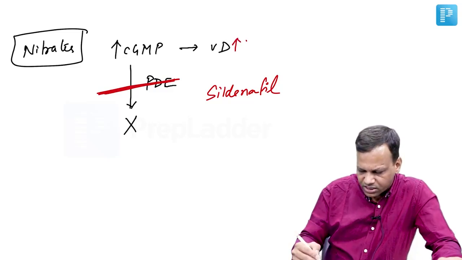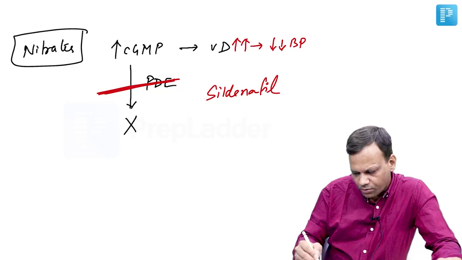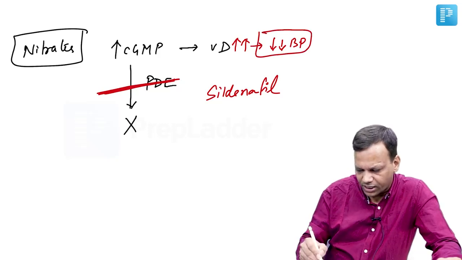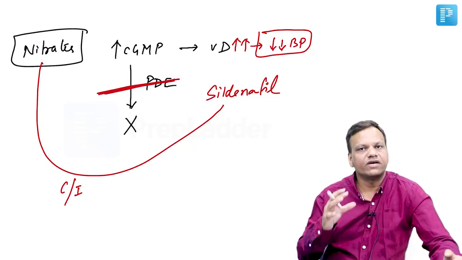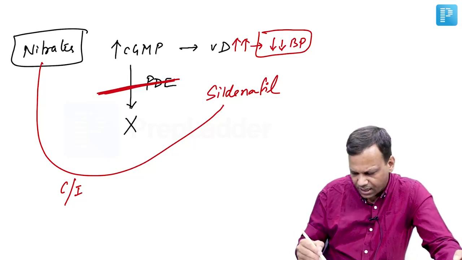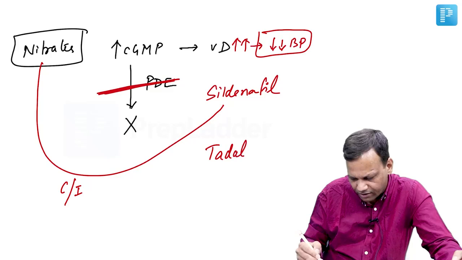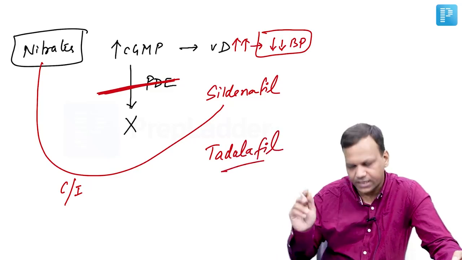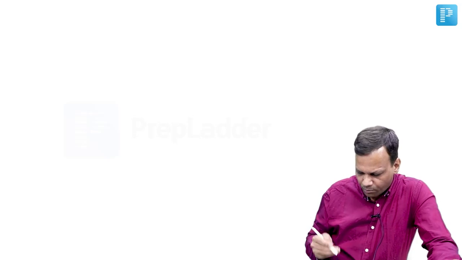So there will be extreme vasodilation that can lead to severe hypotension. So because of this risk, nitrates should never be given with sildenafil or any phosphodiesterase inhibitor. The question asked is which is the longest acting phosphodiesterase inhibitor? It is tadalafil. Okay. So these are important points regarding the first drug in angina, nitrates.